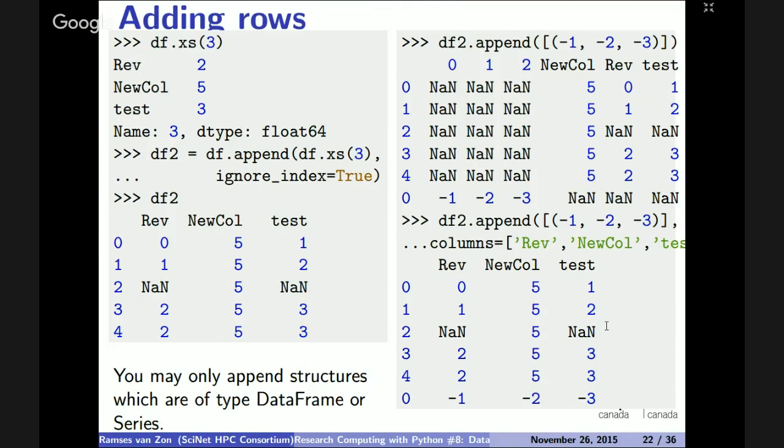And that's because these things weren't labeled and didn't say in which columns these numbers should go. So it goes, well, if you don't give me a label, I'm going to make up labels. And I start making up labels by numbering them from 0, 1, 2, etc. So it created a new column, which I call column 0, for the -1, a new column for -2 and a new column for -3.